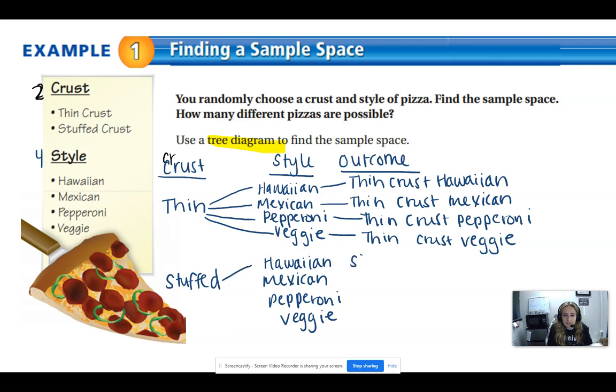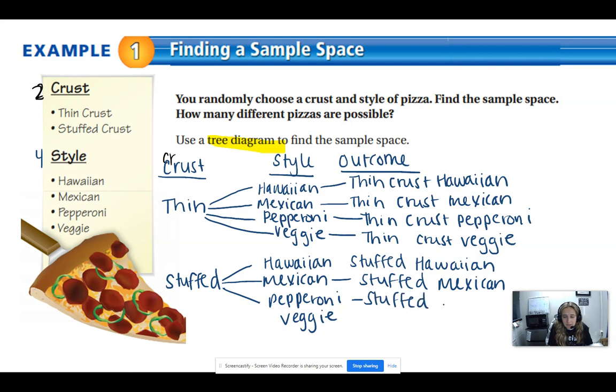We could have a stuffed crust Hawaiian, a stuffed crust Mexican style pizza, a stuffed crust pepperoni pizza, which I'm going to abbreviate to just pep, or a stuffed crust veggie pizza.